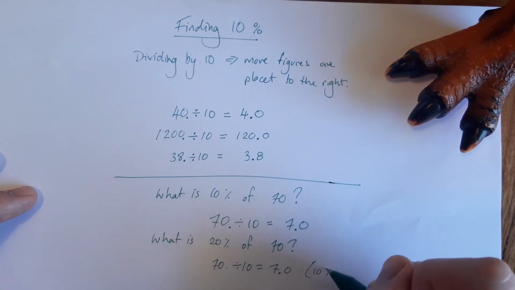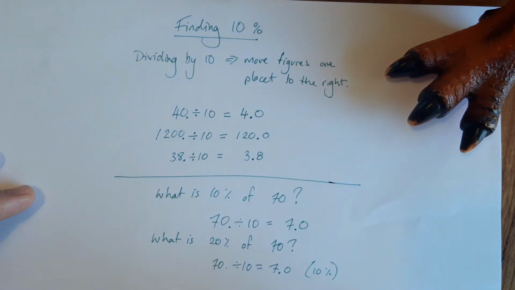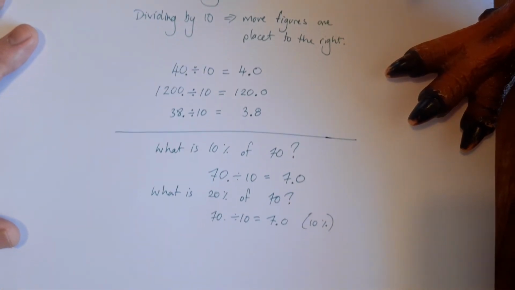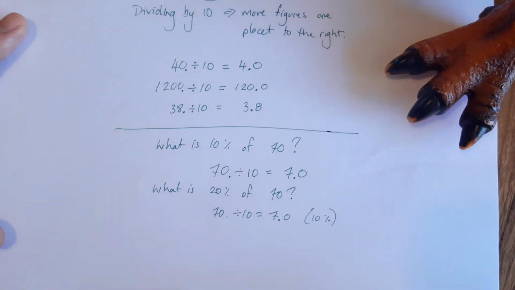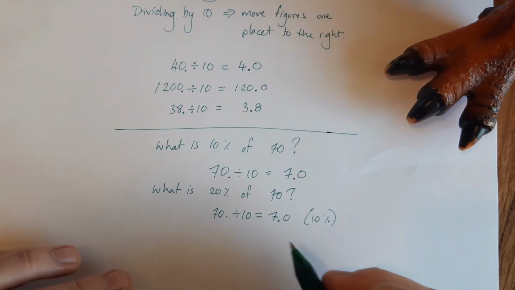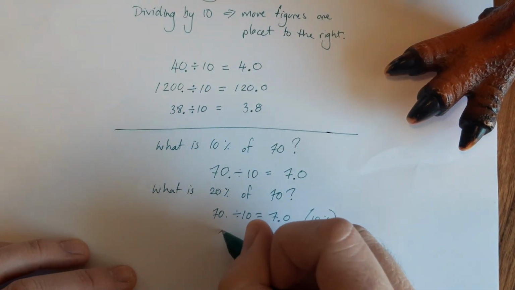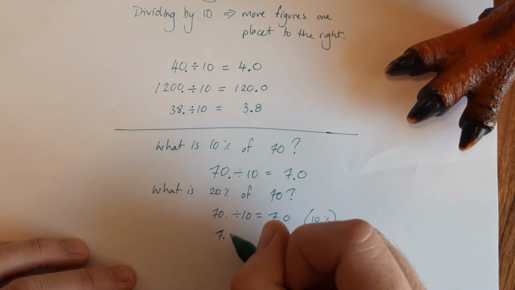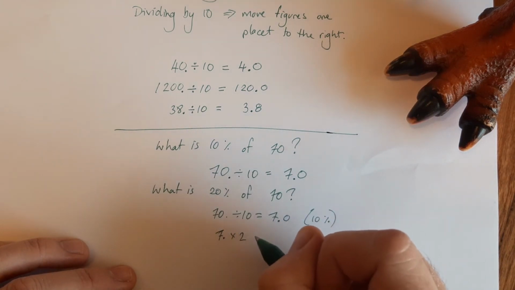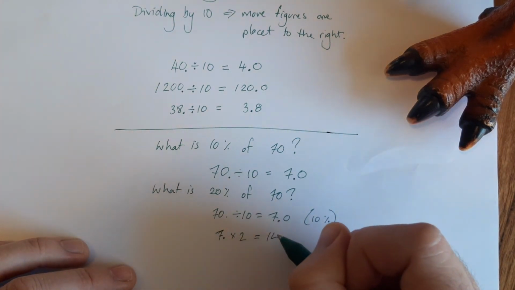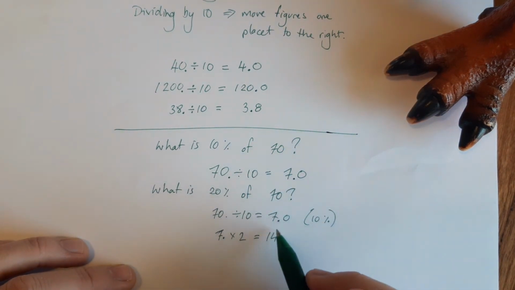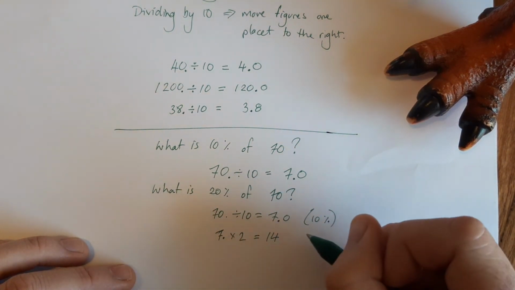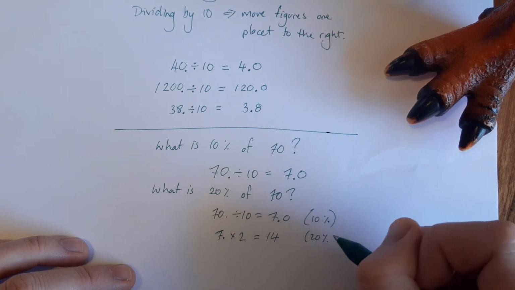I'm just going to write that's 10%. In case we want 20%, we go 7 times 2 is 14. So doubling 10% is going to give me 20%.